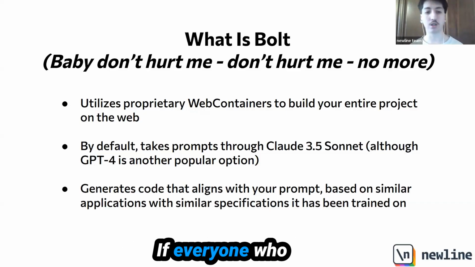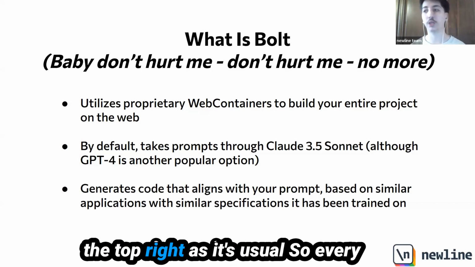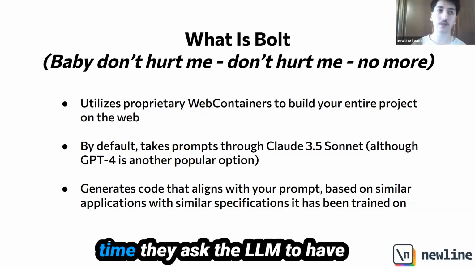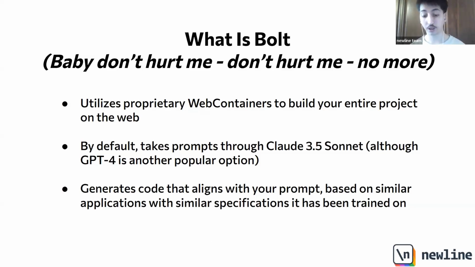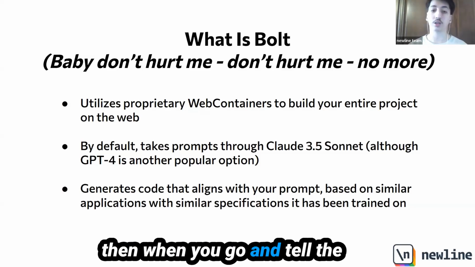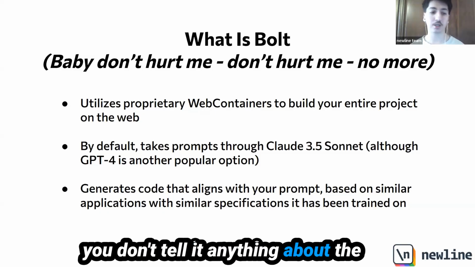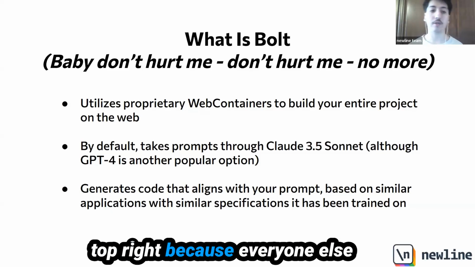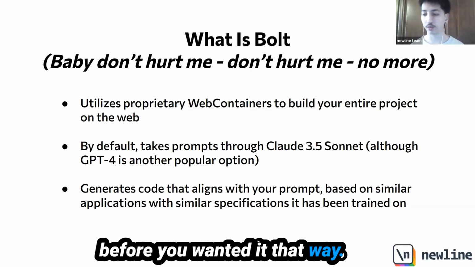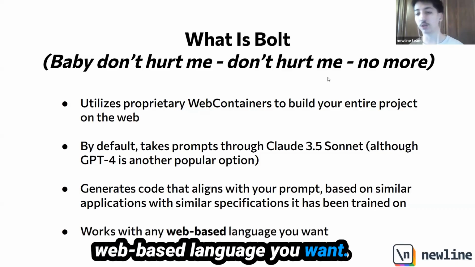If everyone who wants to build an app wants the login button to be at the top right, as it's usual, so every time they ask the LLM to add the login button at the top right, then when you go and tell the LLM to build you an app, even if you don't tell it anything about the login button, it will add it at the top right because everyone else before you wanted it that way.